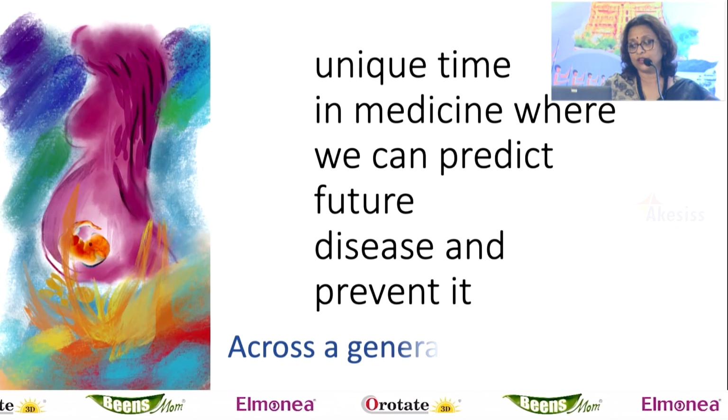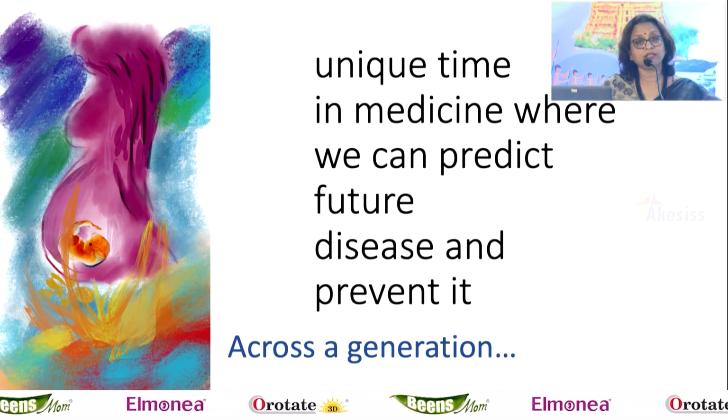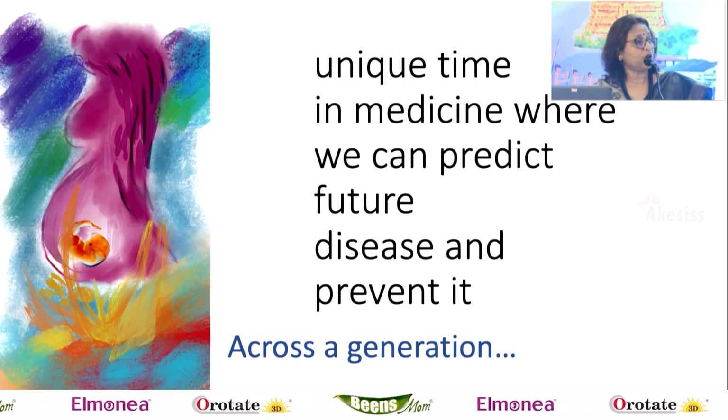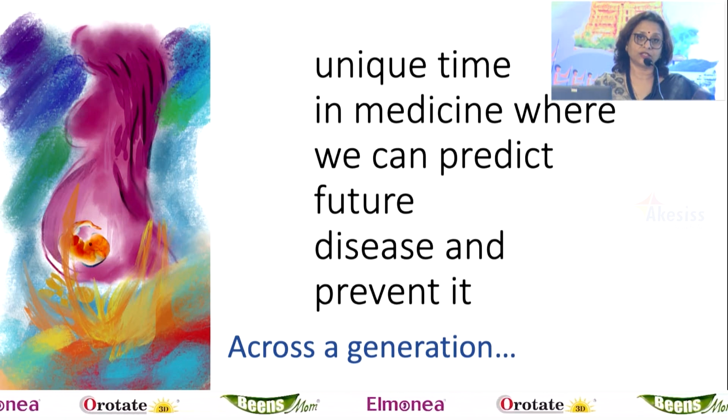And so we are in a unique time in medicine when we can predict future disease and prevent it. And in the context of gestational diabetes, we have the opportunity to prevent it across a generation.